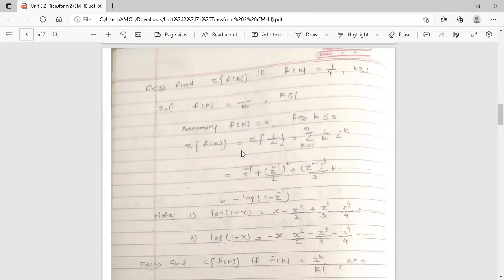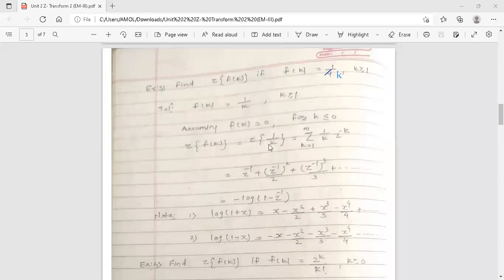Z transform of f of k is equal to the Z transform of 1 by k, because the condition for k is greater than or equal to 1.